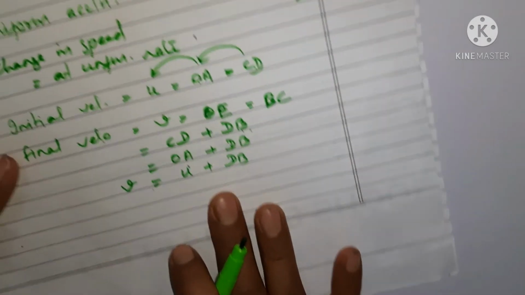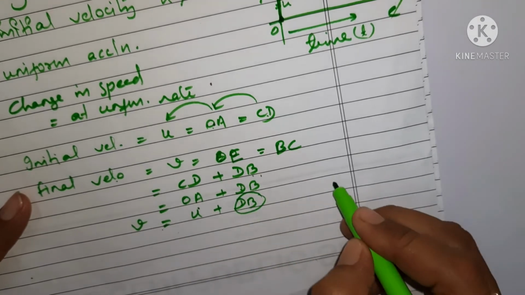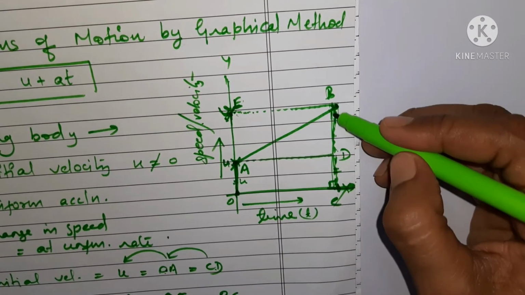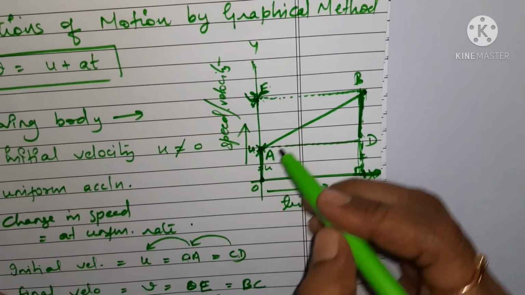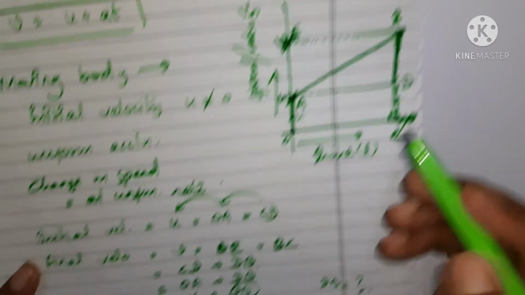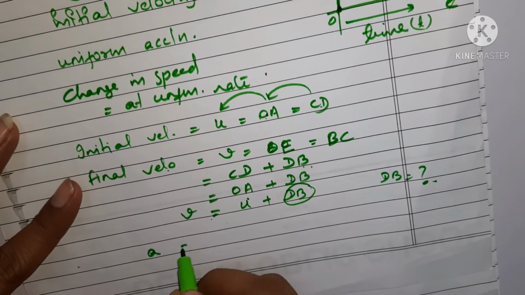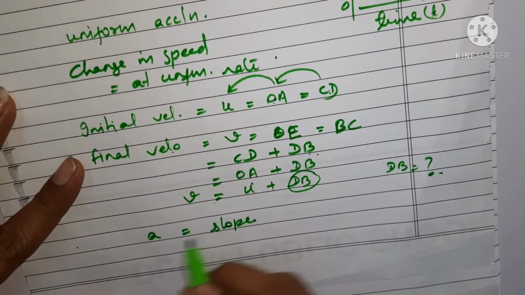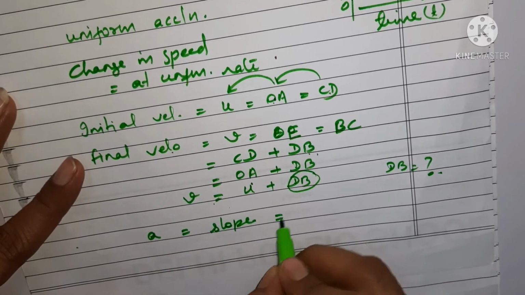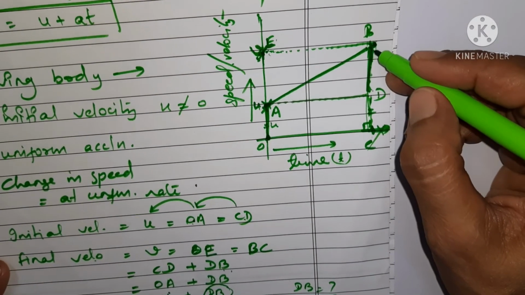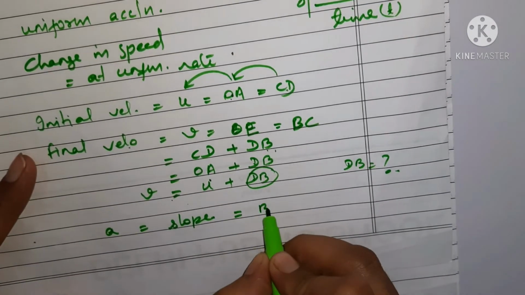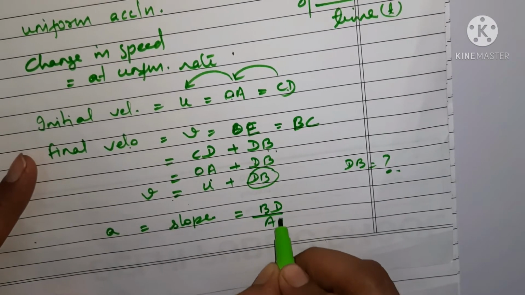Now we have to find the value of DB. How do we find this DB? We know that uniform acceleration is given by the slope. How to find the slope? Slope will be taken out by BD upon AD.